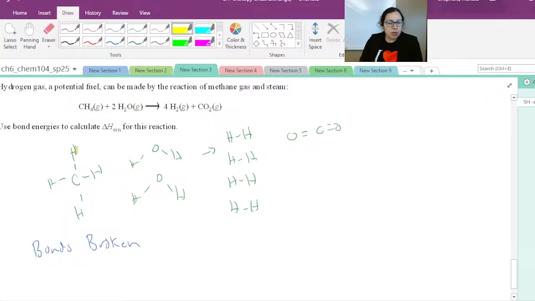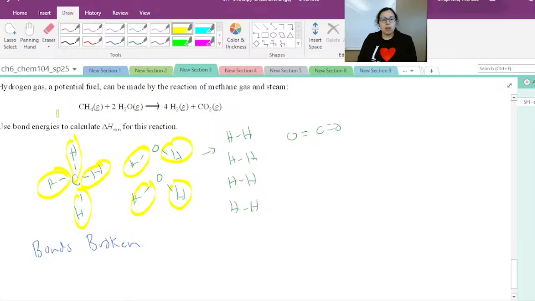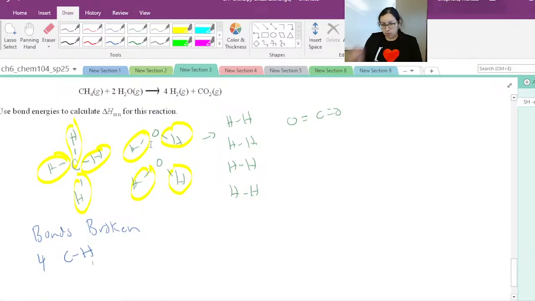Yeah, so you're telling me we got to break all these bonds, and then you said we also got to break all these bonds to eventually get CO2. Yeah, exactly. That's the value of drawing it out, so we can see. So now I have 4 CH bonds that have to get broken. And then, again, this is where the drawing helps, because then we have 4 OH bonds that we have to break.